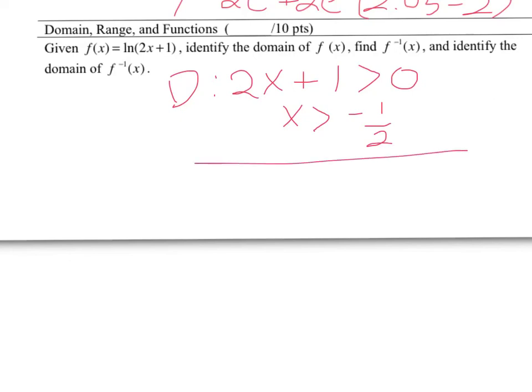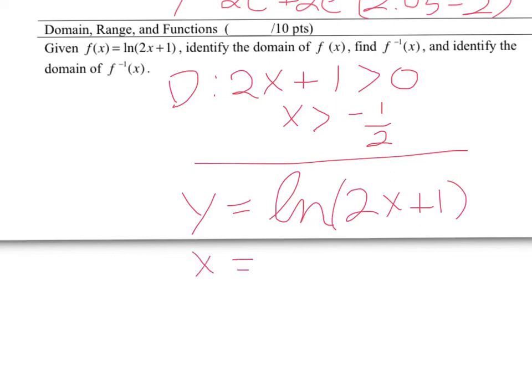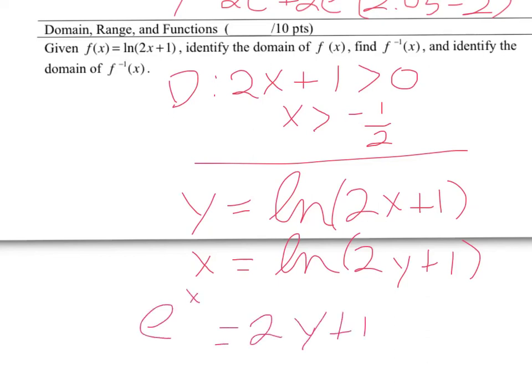F inverse of x, so if y equals ln of (2x plus 1), I'm going to switch my x and my y. X equals ln of (2y plus 1). To get rid of the ln, I do e to both sides. That's e to the x equals 2y plus 1.